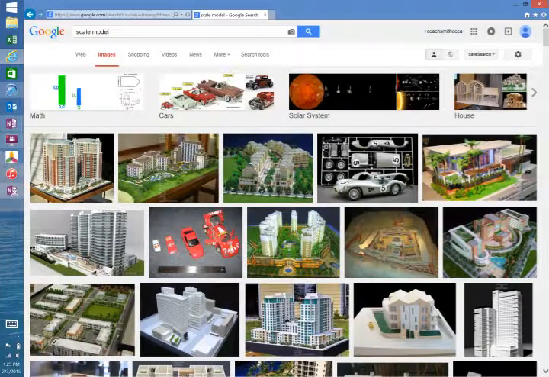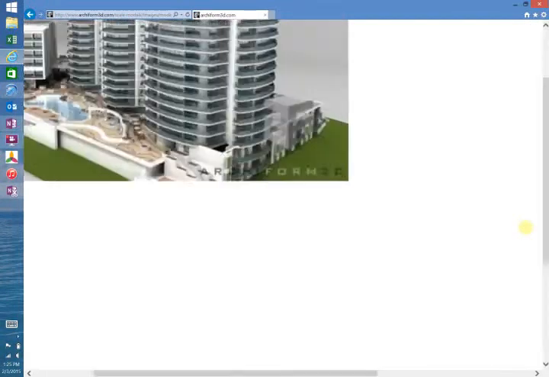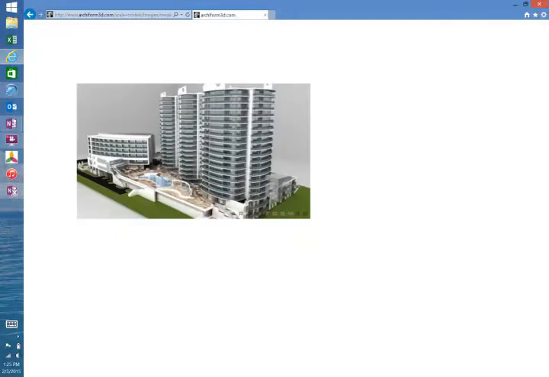Okay, so to here, for example, obviously that's a scale model of, could be a hotel, probably more than likely it's condominiums, townhomes, things of that nature. But that's an example of a scale model.